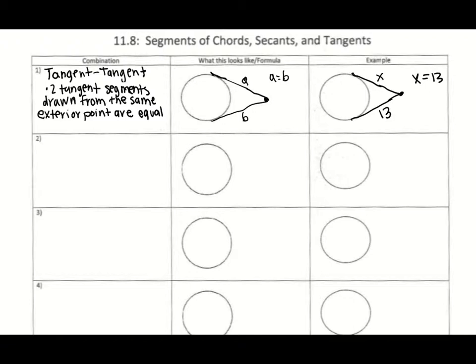Our second combination is if we have chord, chord.